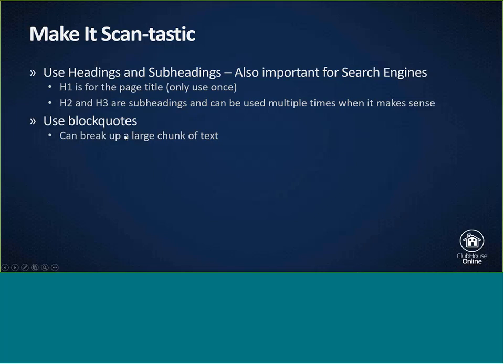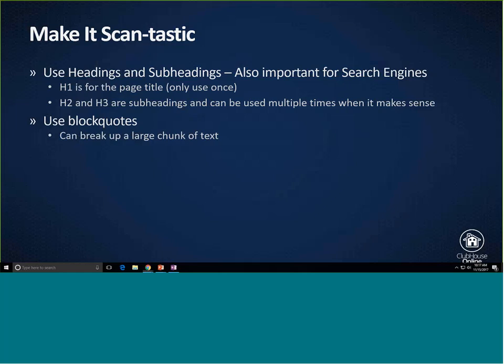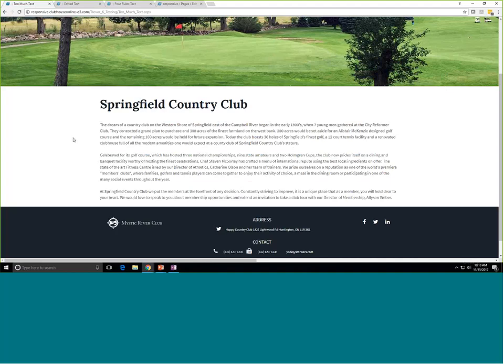Another suggestion that I have is if you are going to use a block of text, what you could do is pull out a really important line of that text and use a block quote. This can break up the long text block and insert something that's a great quote or a great fact about your club.